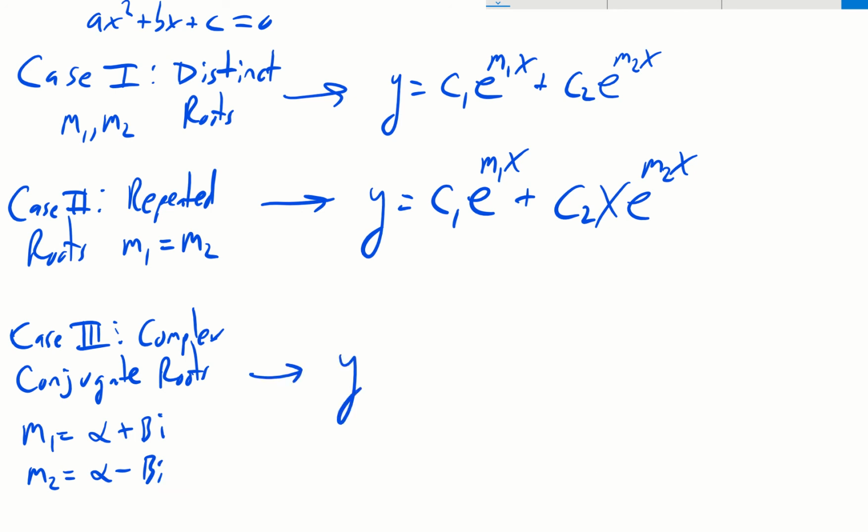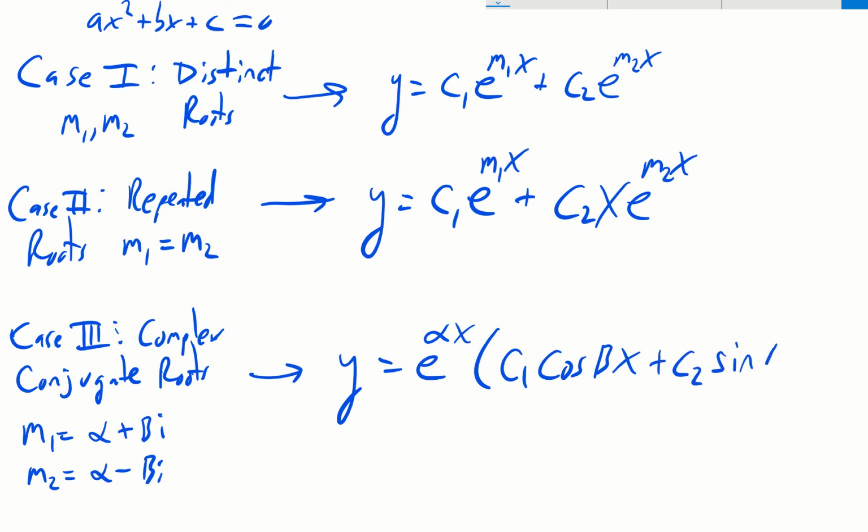And whenever this happens, the solution looks like this. It's going to be y equals e to the real part of the solution times x, times c1 times the cosine of beta x plus c2 times the sine of beta x.